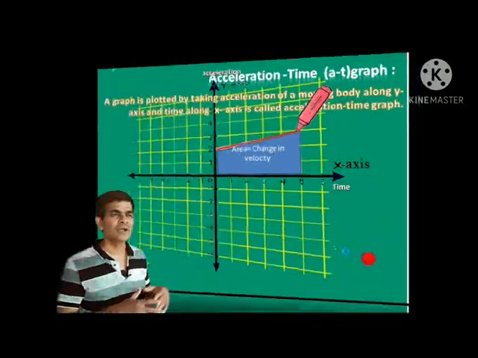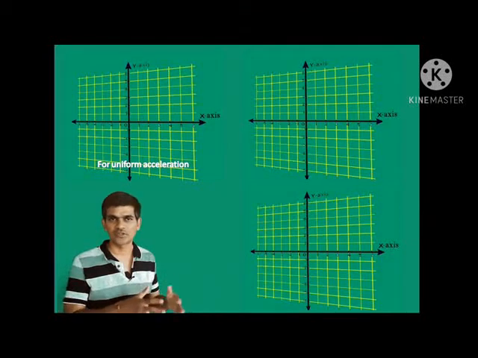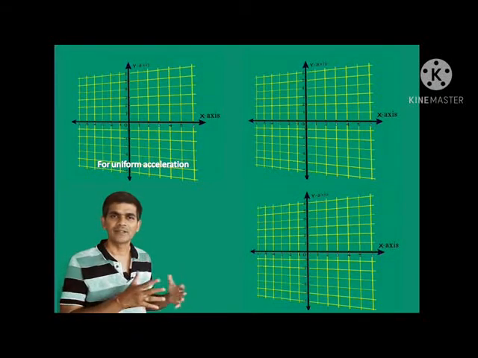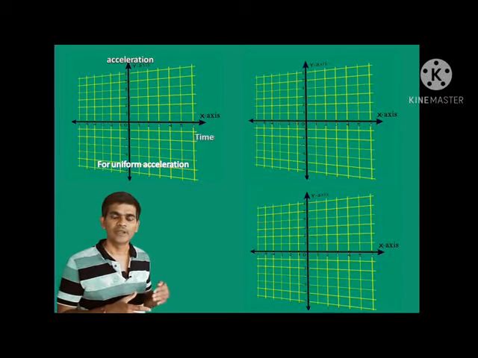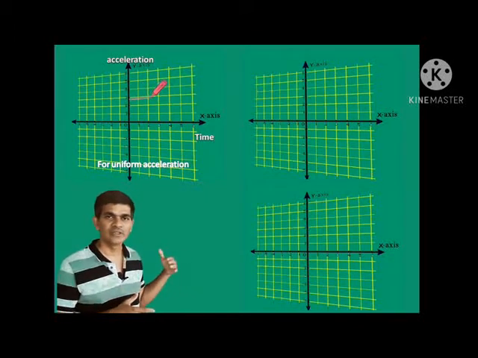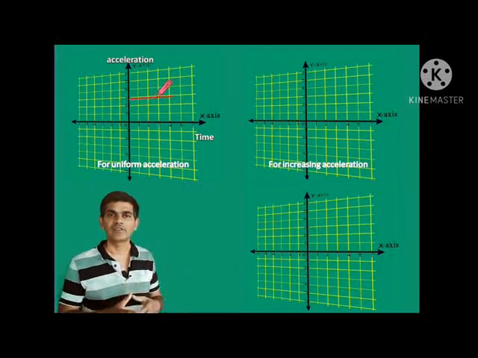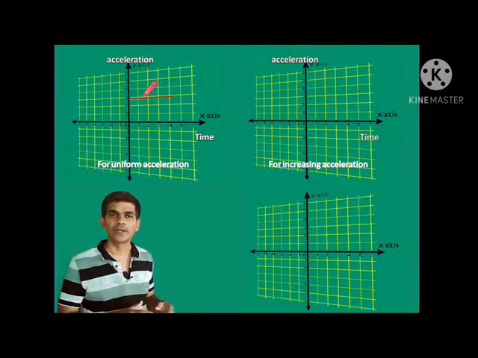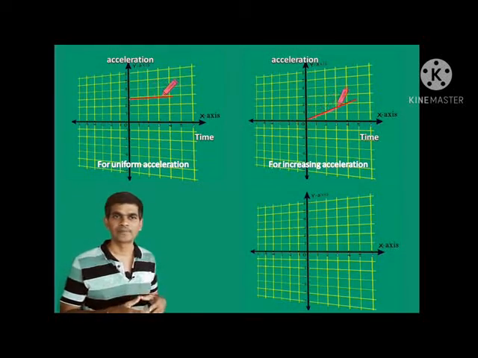And let us see how the acceleration time graph looks for different kinds of motions. Let us understand what it looks like for different motions. The acceleration time graph for a body which is moving with uniform acceleration is a straight line parallel to the time axis. Similarly, the acceleration time graph for a body whose acceleration is increasing is a straight line inclined with the time axis.